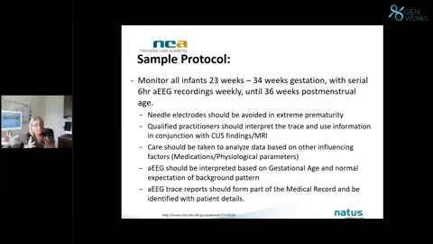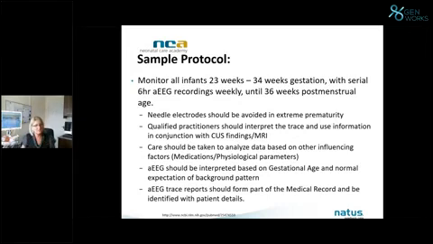We have to take care to analyse the data based on other influencing factors, so we have to think about medications or physiological parameters like a drop in mean arterial blood pressure. We should interpret the AEEG based on gestational age and the normal expectation of that background pattern, and we should report on those traces.